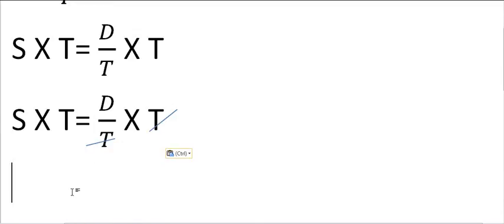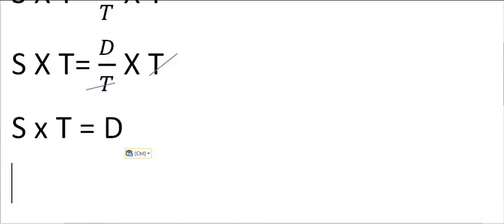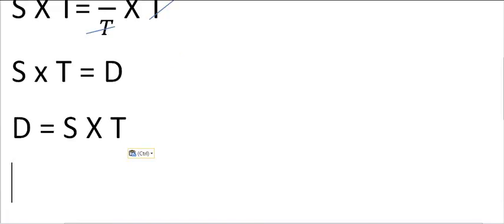T divided by T is 1 and you get S into T is equal to D. Speed times time is equal to distance, or distance is equal to speed into time. Here distance becomes the subject. Now you can put in the values of speed and time which are given to you, and then find the distance, which was an unknown value. So D becomes your subject.